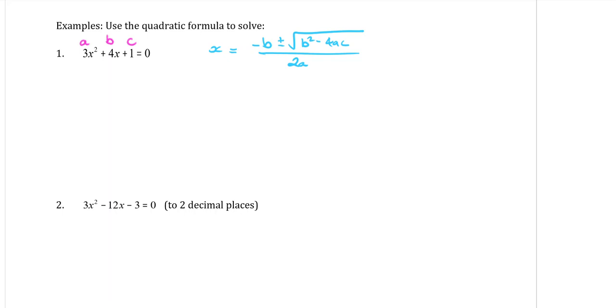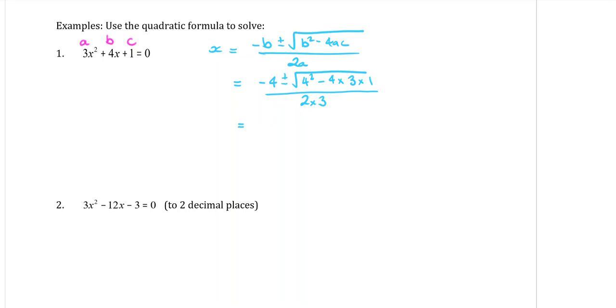Don't include the x squared or the x, it's just the numbers in front of those that we use for the formula. So substituting those in, we're going to get minus b would become minus 4 plus or minus big square root. B squared is going to be 4 squared minus 4 times a, which is 3, times c, which is 1, all over 2a, which would be 2 times 3.